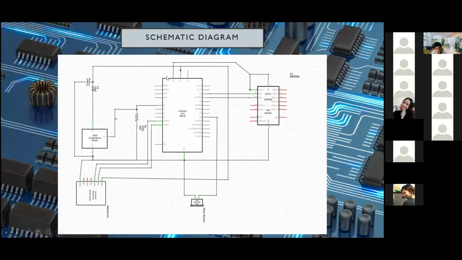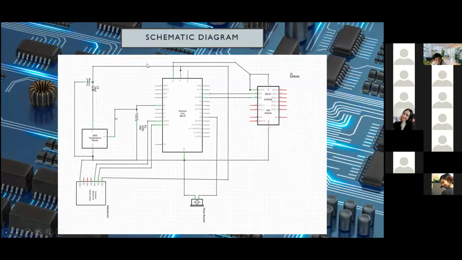That is 10 millivolt per degree Celsius change in temperature. So for example, at 0 degrees Celsius, it produces 0 millivolt, and at most 100 degrees Celsius, it produces 1,000 millivolt, that is equivalent to 1 volt output.